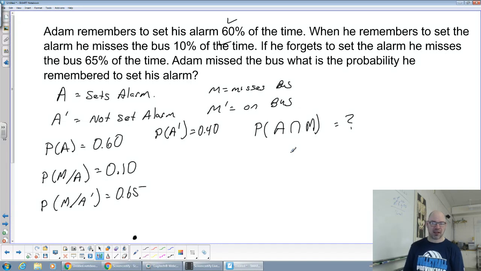So now we have to look at that conditional probability formula and find the string that'll get us to it.